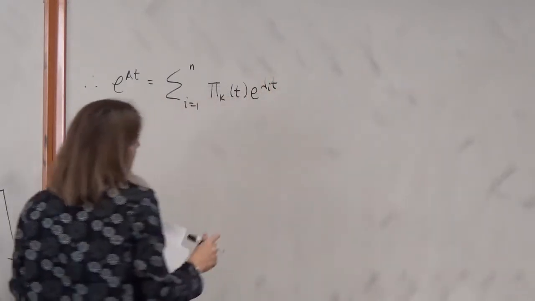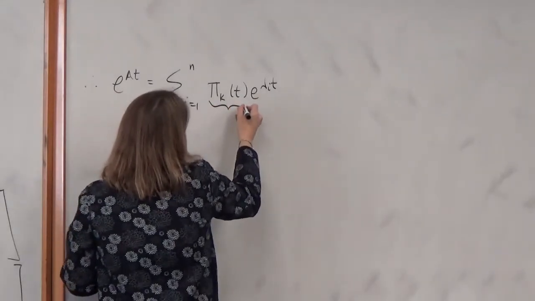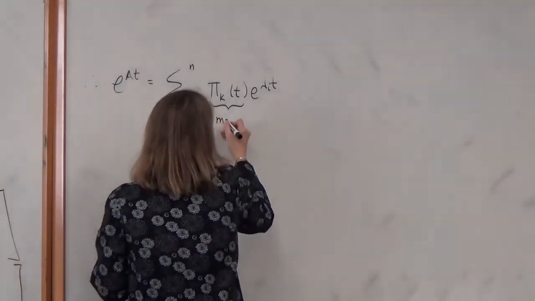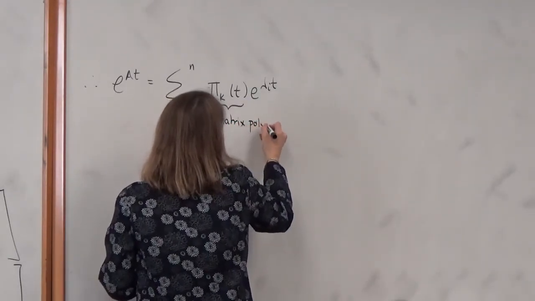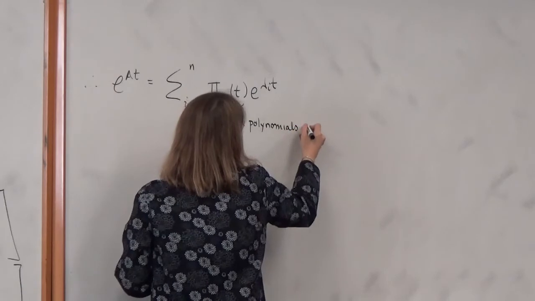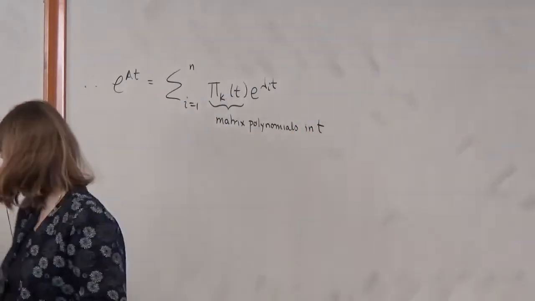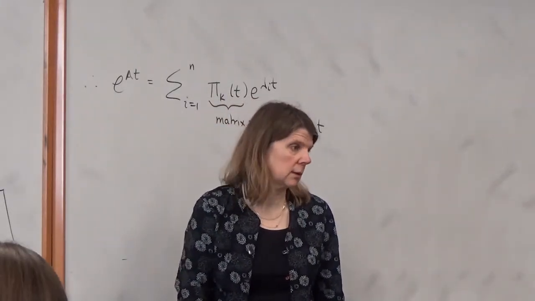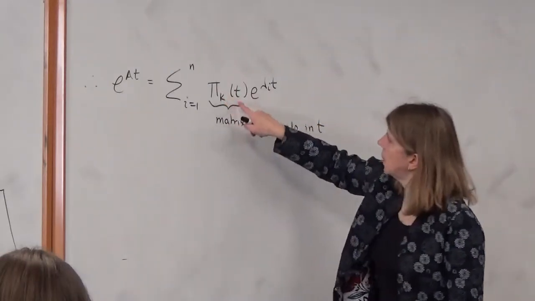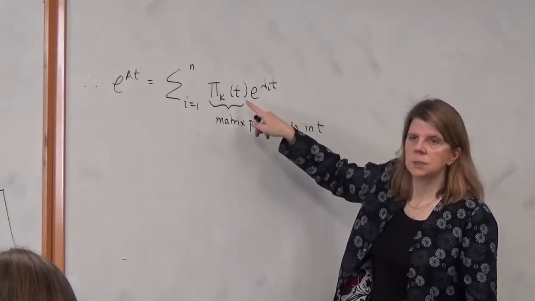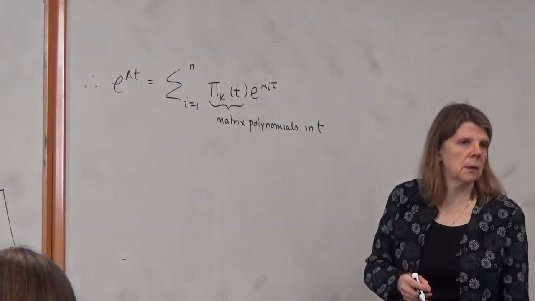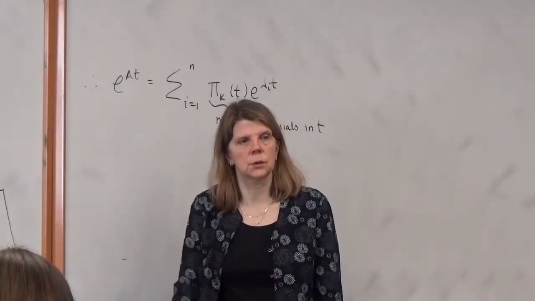In this case, I put the scalars e to the lambda_i t afterwards, where these P_i's are matrix polynomials in t. They're going to have terms like t cubed, t squared in them, depending how big your Jordan blocks are associated to each eigenvalue. Okay, so each of these P_i(t)'s are n by n matrices whose elements are dependent on time, they're polynomials in time. And that just comes from what we know about the Jordan structure.